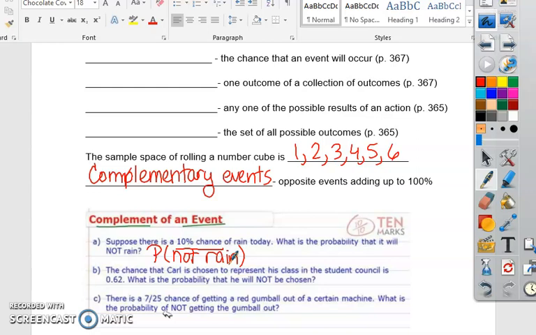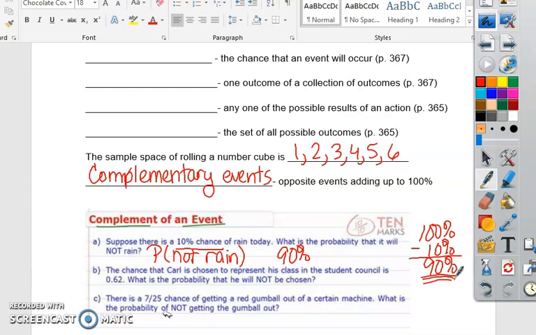we don't know. But the opposite event would be not rain, okay? So if there's a 10% chance of rain, then the rest of it is 90%. How do we get that? Well, there's a 100% chance it's either going to rain or not rain today. So if there is a 10% chance of rain, which actually this morning I looked and there is, then there is a 90% chance that it will not rain, okay?